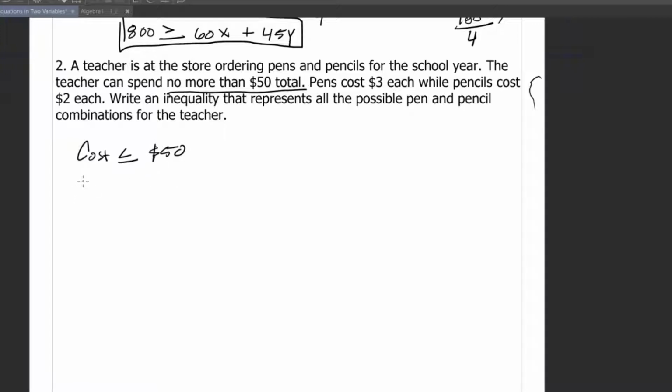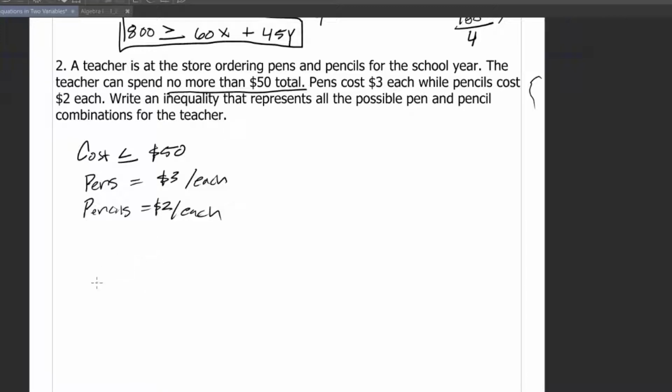And we know that pens cost $3 each, while pencils cost $2 each. Write an inequality that best represents all the possible pen and pencil combinations for the teacher.